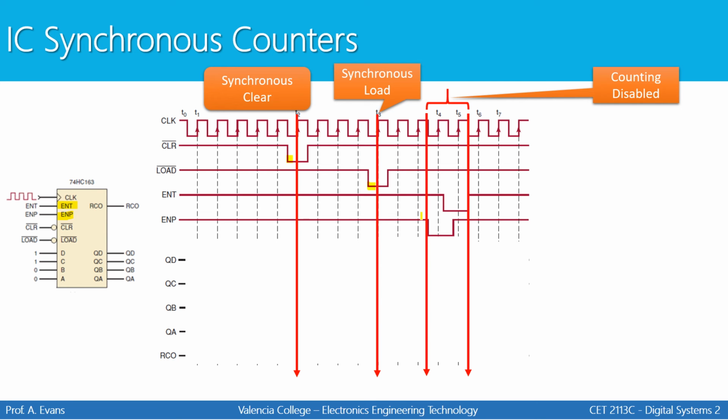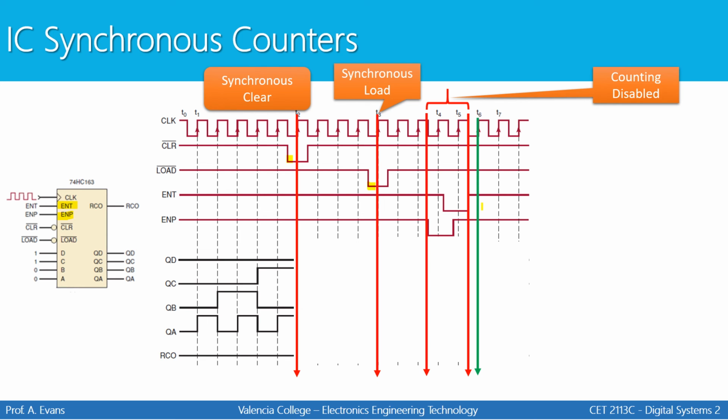They both have to stay high for the counter to have its output counting, to have it enabled. So once both of these return back high, on the next positive transition, which is right here at T6, the next positive transition is when counting will resume.